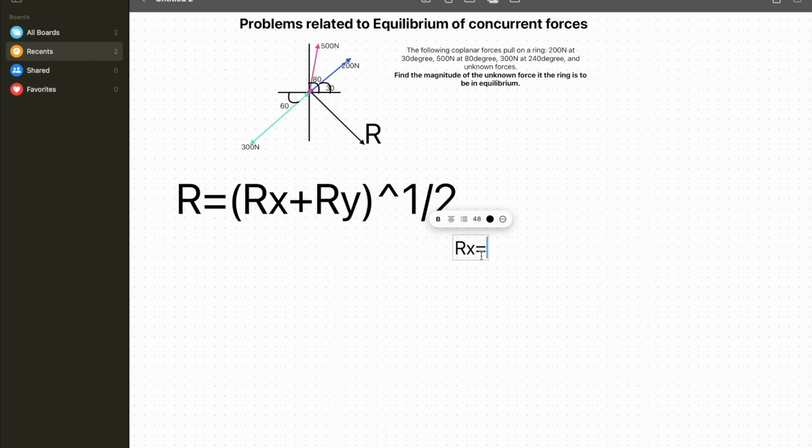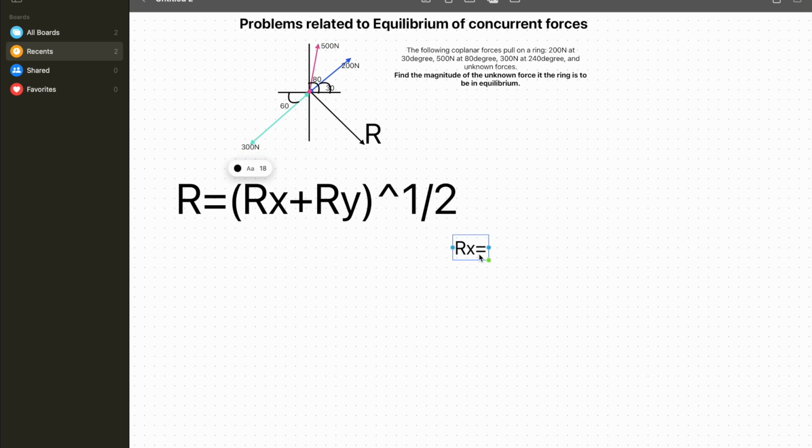So if we write that down, the 200 Newton is the magnitude modulus of F1, the 500 Newton is modulus of F2, and the 300 Newton is modulus of F3.